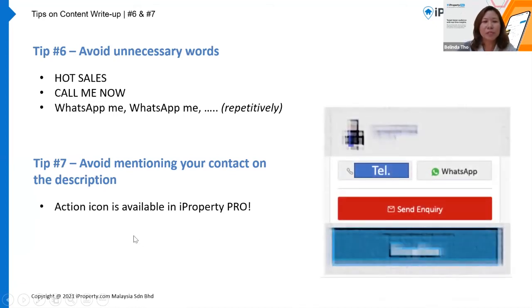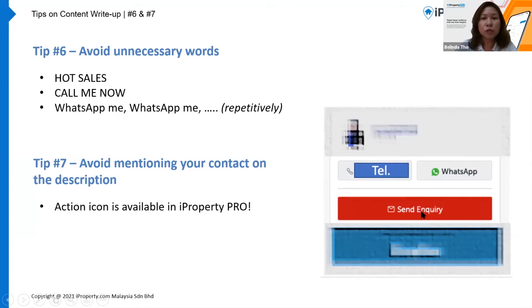Because in iProperty Pro, we provide you the action bar. The action bar refers to the buttons available just next to your advertisement and your description. So people will not miss this section when they go through your description or your photos, which consists of your telephone number, your WhatsApp, and your email address.